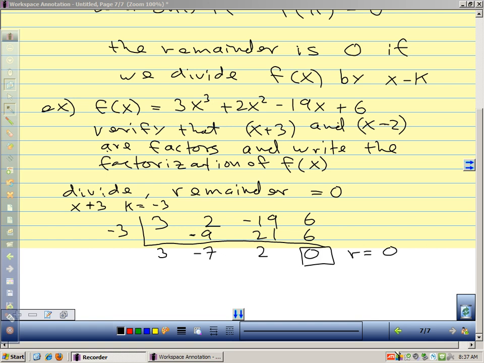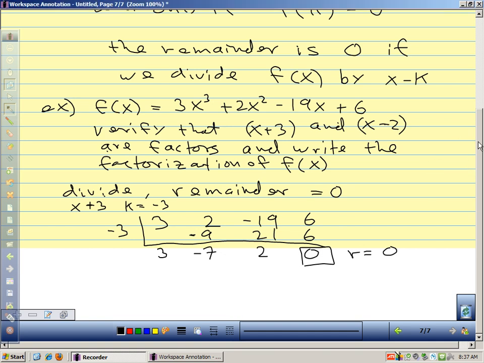So what I do next is I don't start over with my original polynomial and divide by x minus 2. I divide what I have left by x minus 2. Because if this is a factor, it's still going to divide it. Just like if I divide 36 by 2, I can still divide by 3, or I can divide 36 by 3 and then divide the second factor by 2. It doesn't matter which order I do it in.